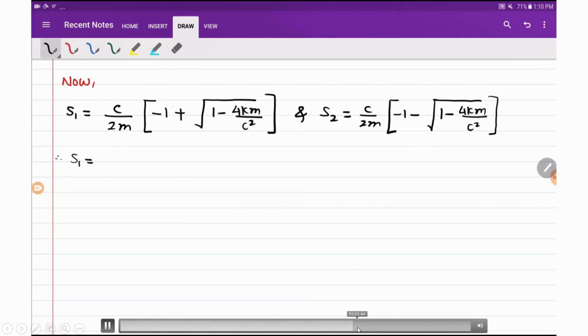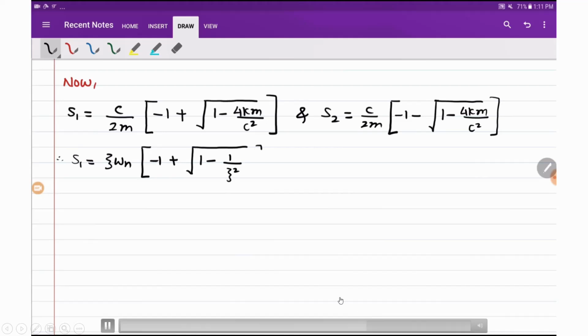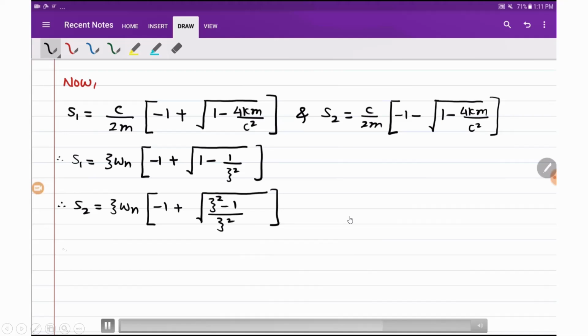Now we can substitute that in place of C upon 2m it is zeta omega n, and in place of 4km upon C square it is 1 upon zeta square. Similarly for S2 also, in place of C upon 2m we have substituted zeta omega n, and in place of 4km divided by C square it is 1 upon zeta square.